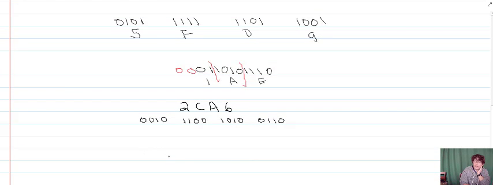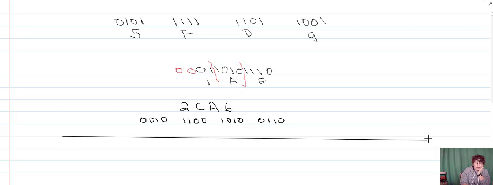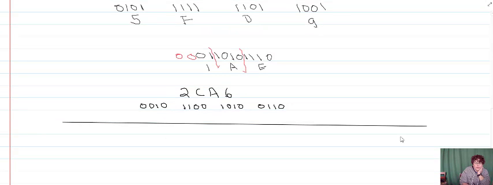You can do the same thing for octal. For octal, it works exactly the same way, only you use groups of 3 instead of groups of 4. So if I had the number 01101010, and I put another 1 in front, I'll break that up into groups of 3 for octal.